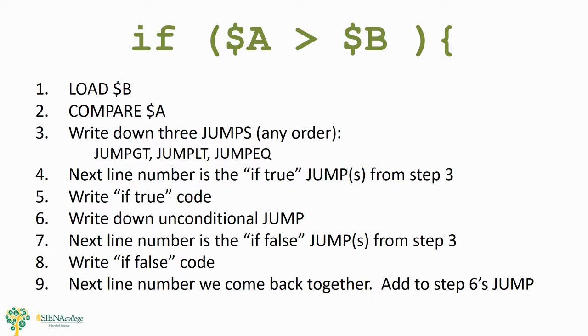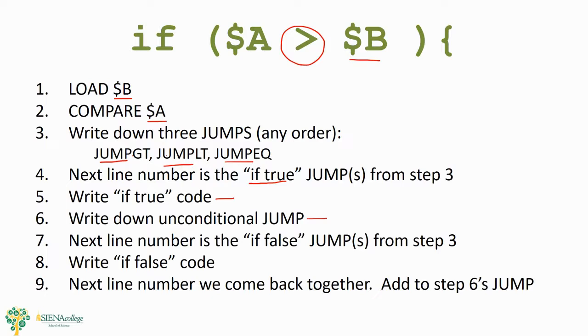We'll start off by loading B. We'll then compare A. Next we write down the 3 jumps in any order, and depending upon the comparison, we will determine which ones of these are if true. The line directly after our 3 jumps is the first line of the if true. We then write our if true code.